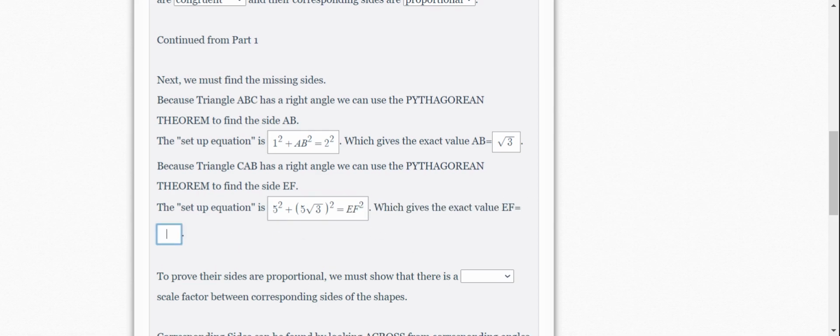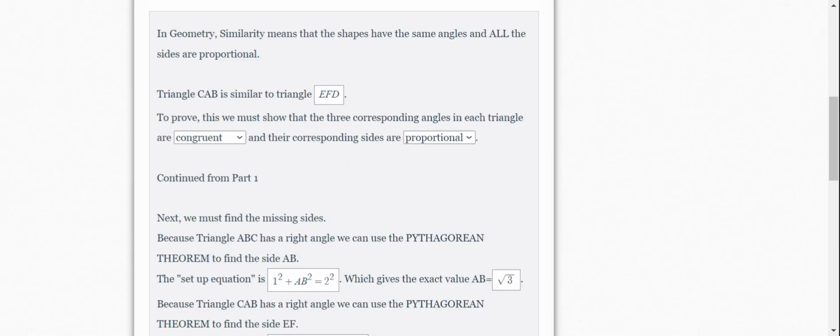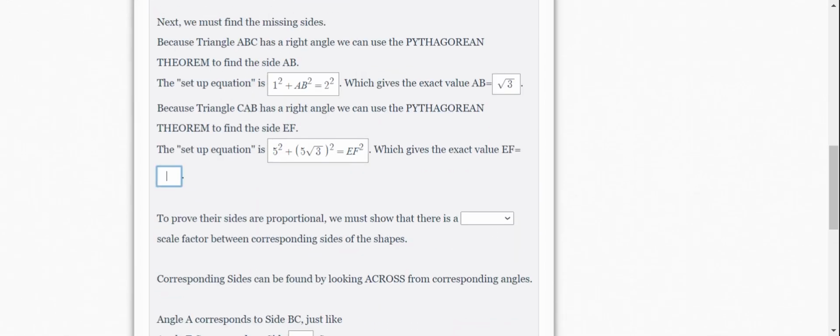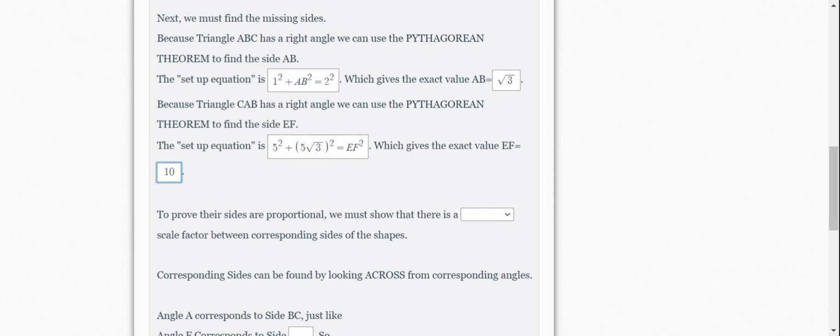When we do that, that gives us 25. Plug this whole thing in your calculator, and you end up with 100. So EF has to be the square root of 100, which is 10.